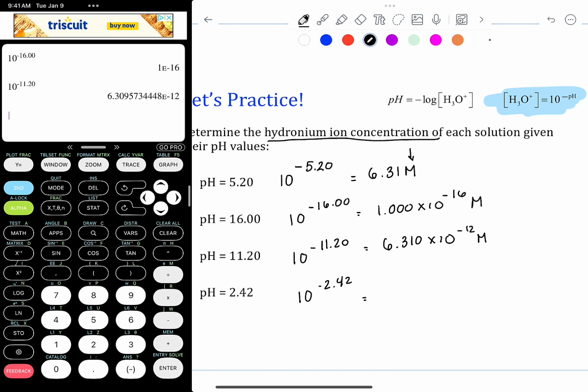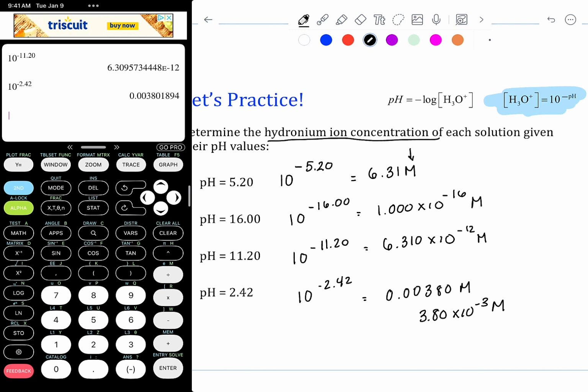And then we have second 10 to the minus 2.42. So now we have 0.00, let's see, 3 sig figs, 380 molar. You could also put that in scientific notation, 3.80 times 10 to the minus 3 molar.